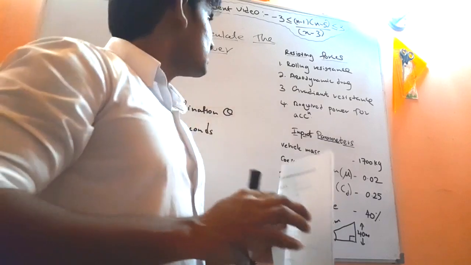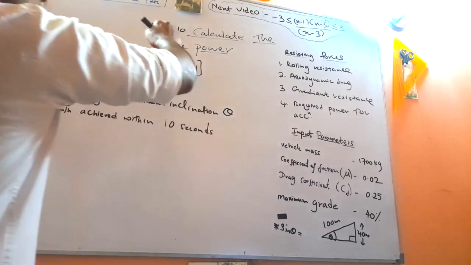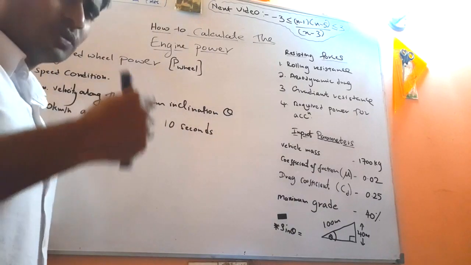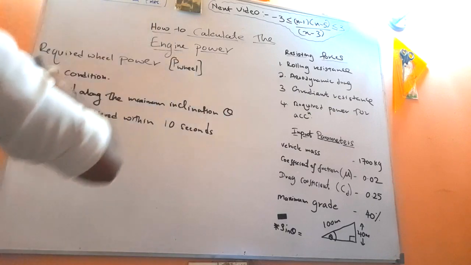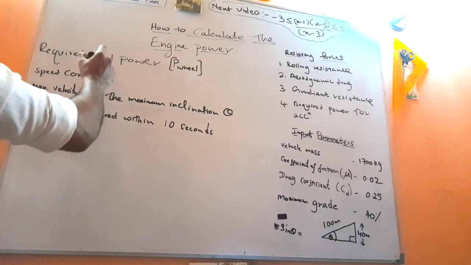Right, so today I am discussing a problem related to how to calculate the required engine power. Before calculating the required engine power, first we need to know the required wheel power.